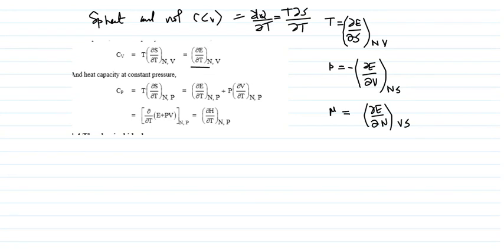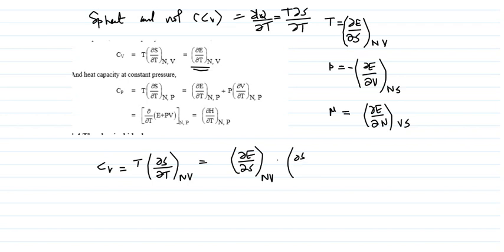And what you get is dou E by dou T at constant N and V. So Cv is equal to T dou S by dou T at constant N and V, and T is dou E by dou S at constant N and V into dou S by dou T at constant N and V. Dou S and dou S will get cancelled, and you will get Cv, the specific heat at constant volume, equal to dE by dT at constant N and V.